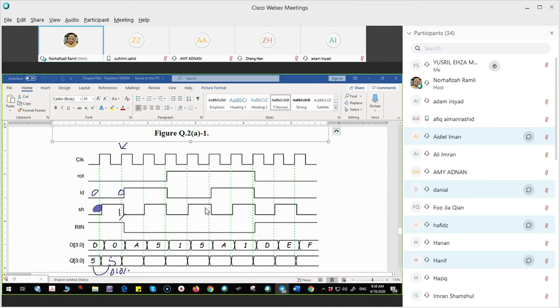If 0, 1, shift is 1, the output is taken from R in shift. So that means 1 coming in, but R is 0. So here will be another 0, 0, 1, 0, number 2, right?